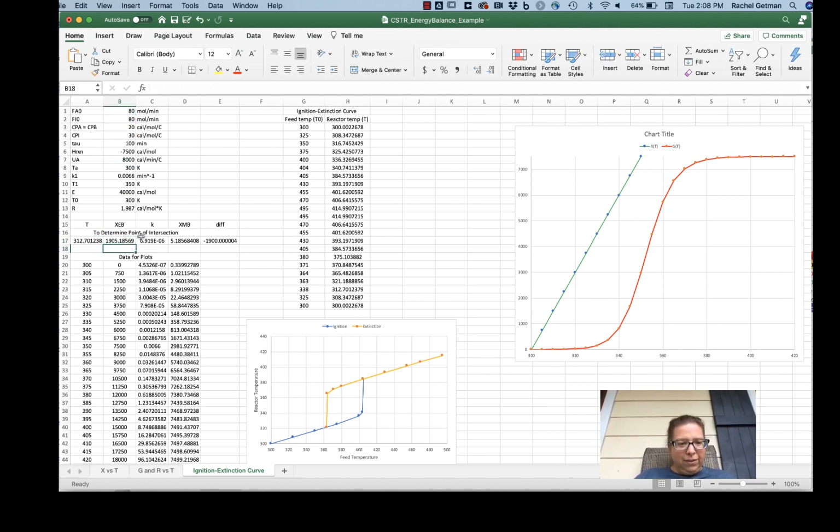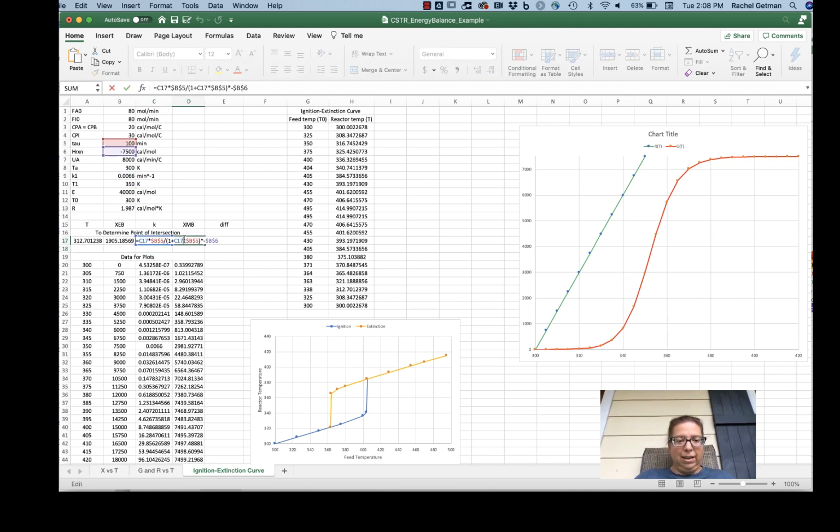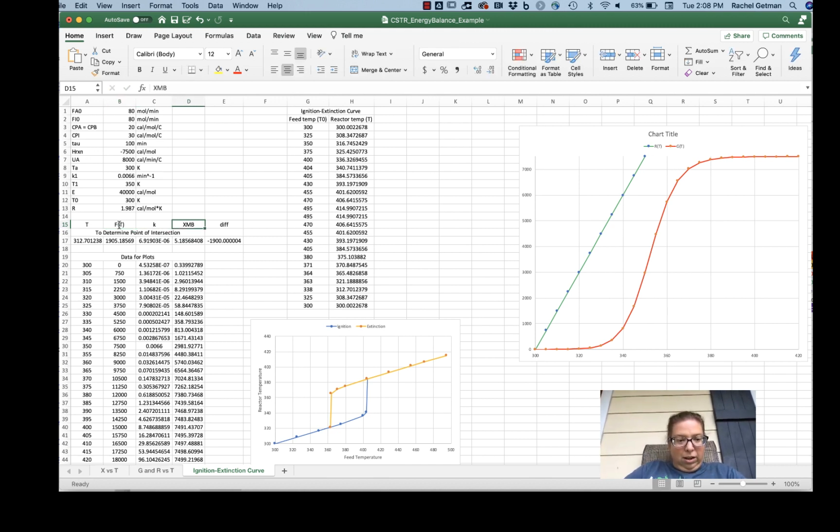Then I've made a guess for what my reactor temperature will be based on my feed temperature, and from that I've solved for K, the rate constant, and XMB, the conversion due to the mole balance. For the solution, what I need is for the RFT and GFT plots to intersect.